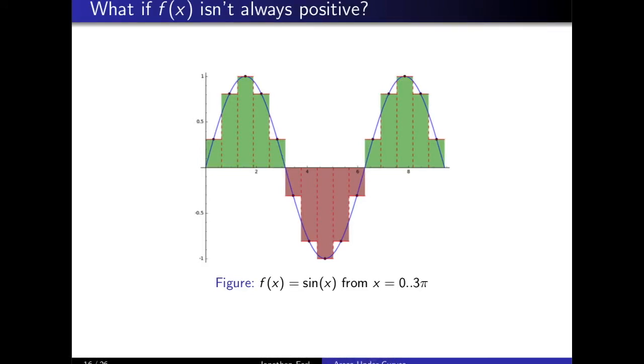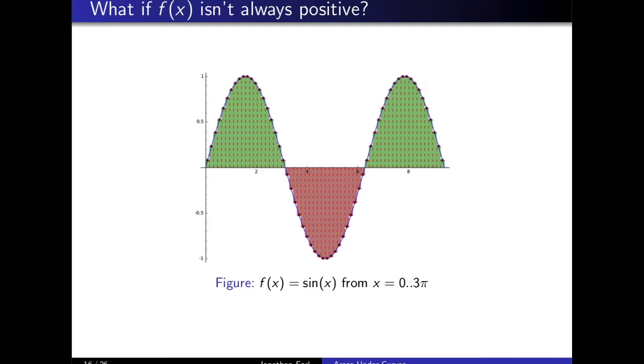Then doing our rectangle approximation, we would add up the areas for the green rectangles, subtract away the areas for the red rectangles, or depending on how you want to frame it with negative heights, add the negative area. Again, depending on what point of reference you want to use.